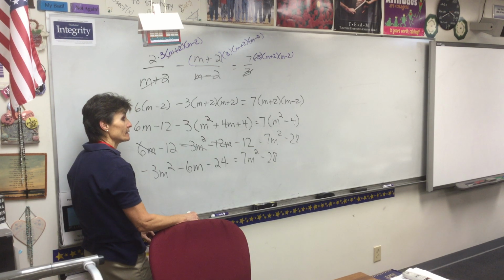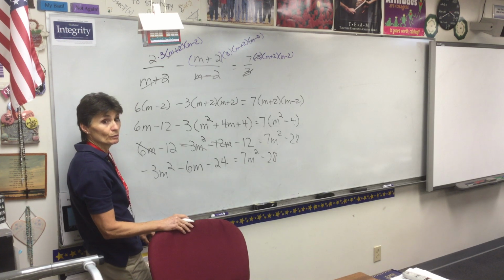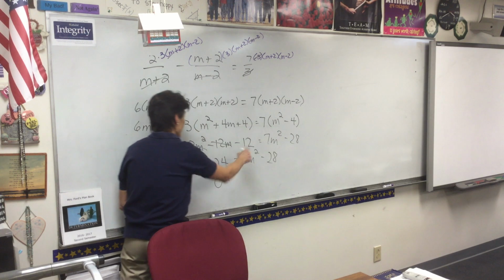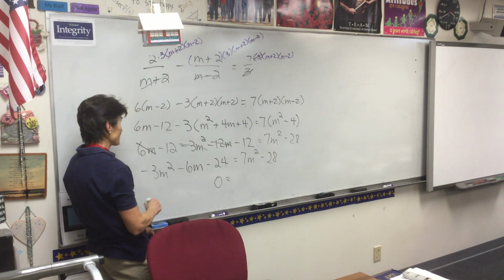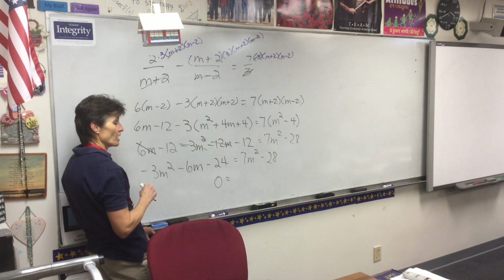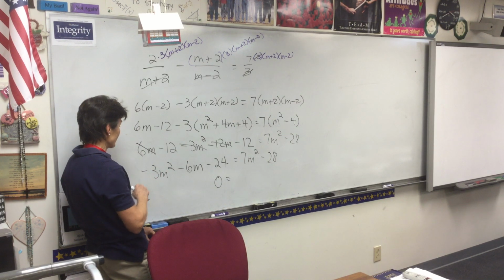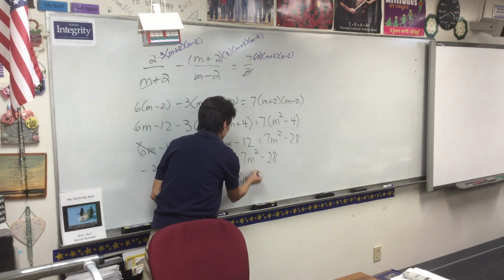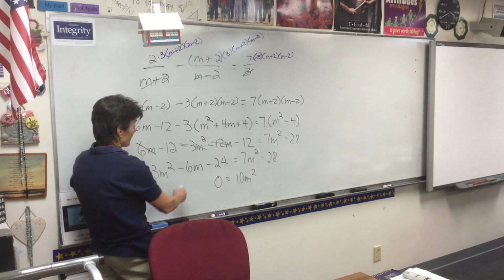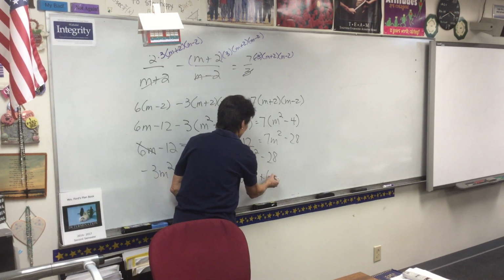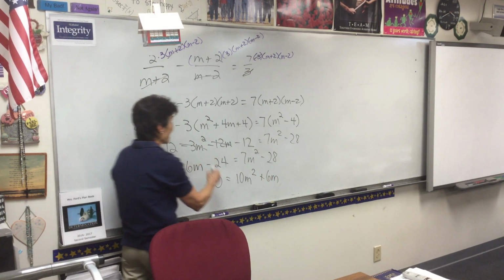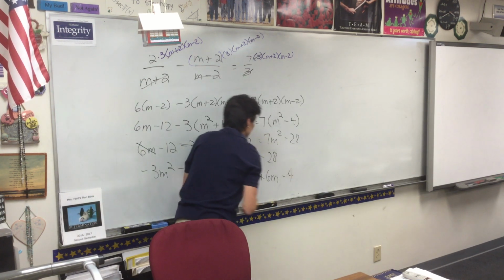I need to get this equation set equal to 0. So I'm going to move everything that way so that my squared term is positive. It's kind of a weird condition I have. I need my squared term to be positive. So I'm going to add 3m squared to both sides, add 6m to both sides, and add 24 to both sides.